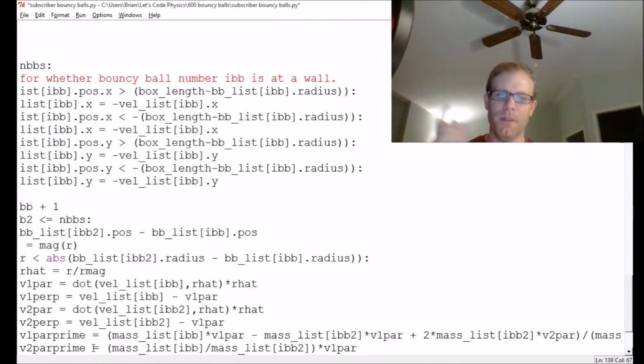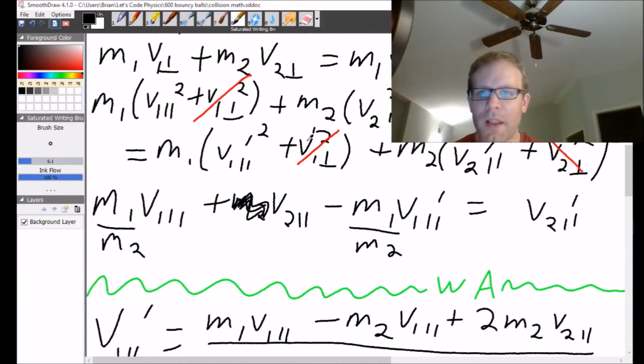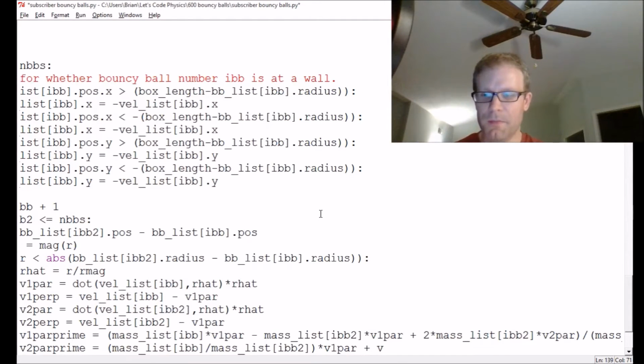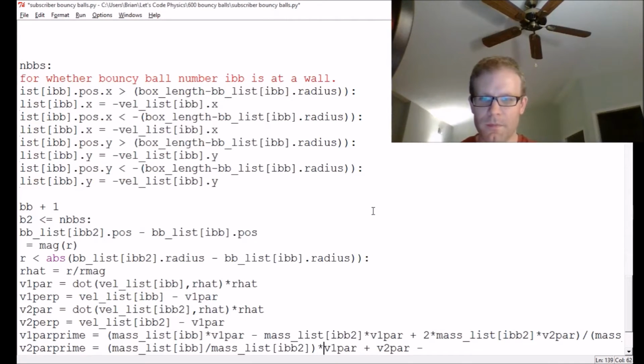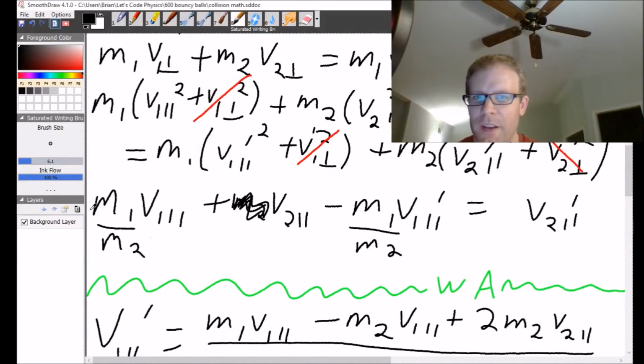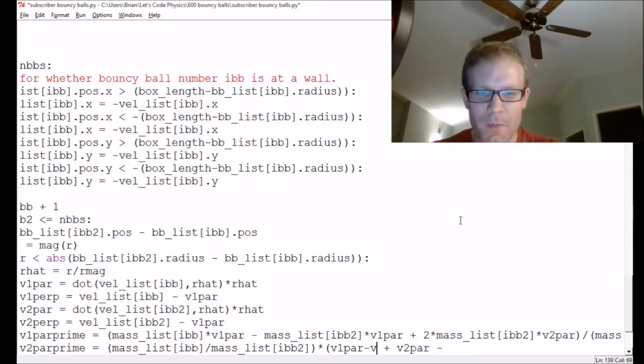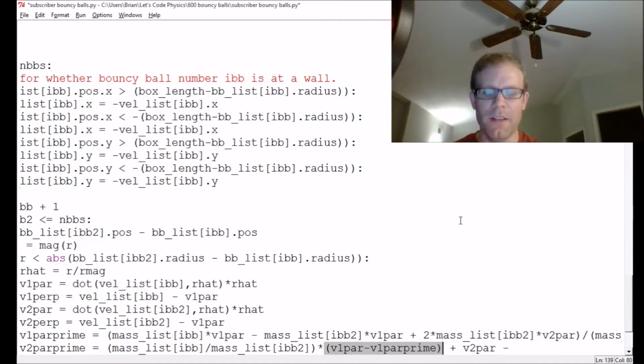I do have to actually calculate a separate prime value, plus V2 parallel, no multiplication by mass there, minus M1 over M2. Actually, instead of copying that, I could just collect these two terms. So I could have an M1 over M2 times this thing minus this thing. The reason I would want to do that is it saves my computer one calculation. So let's say minus V1 parallel prime. That's the thing I just calculated.